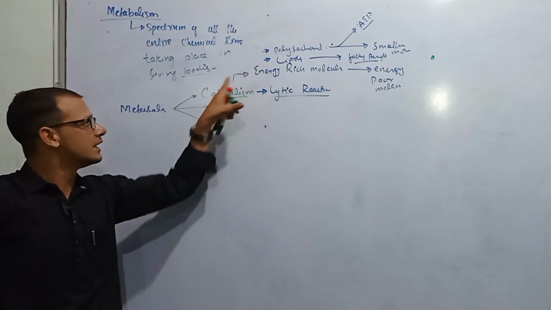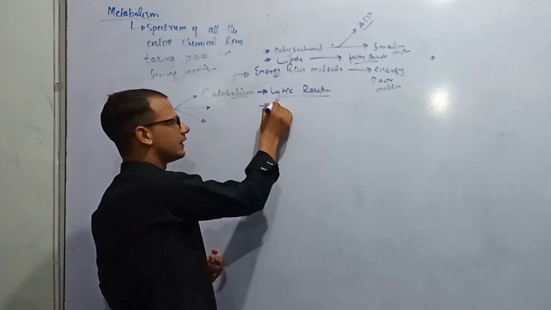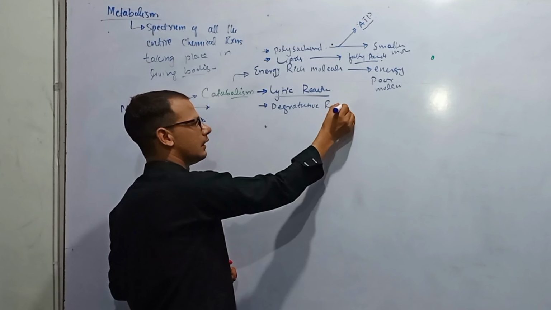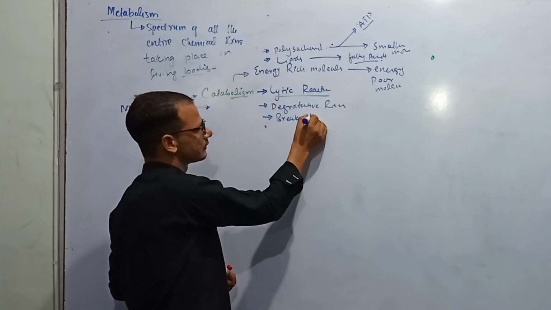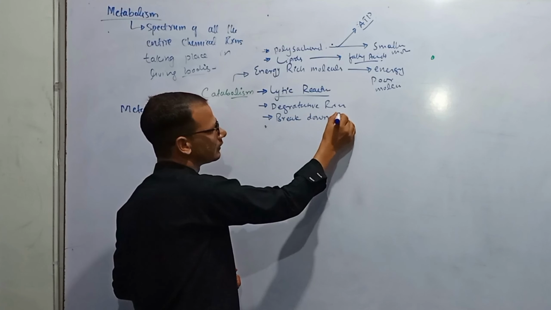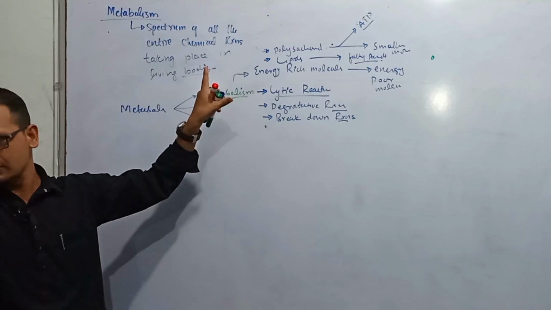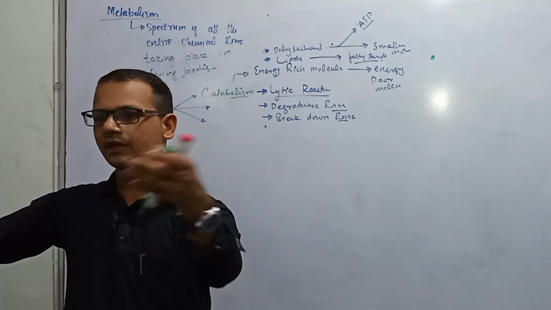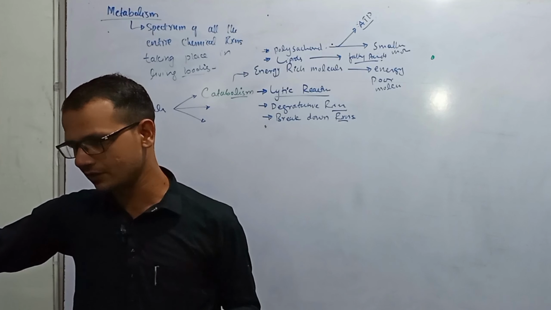These are the examples. In catabolism, these are lytic reactions or degradative reactions, or also breakdown reactions, in which the complex molecules or the large molecules or the macromolecules are converted into small units, entities, right?